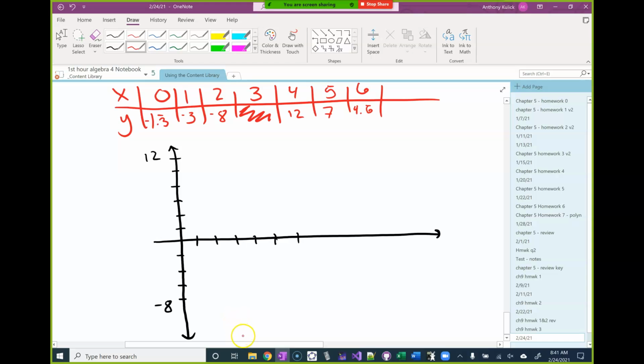And then I just need to plot my points. So 0 and negative 1.3, 1 and negative 3, 2, 8. So it would look something like that.